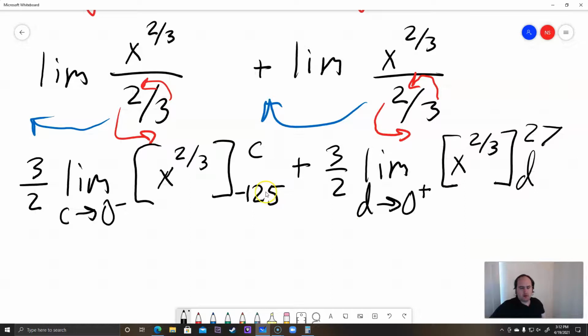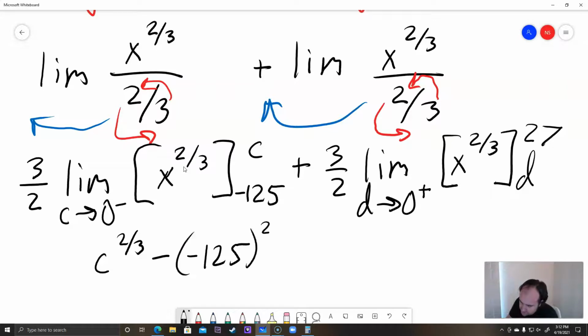And then remember, we're just going to be plugging in these numbers into each of these. So for the first one, we plug in c, so we get c to the 2/3 minus, if we plug in negative 125, we get negative 125 to the 2/3. So that's evaluating that limit, and then we still have a 3/2 out front.